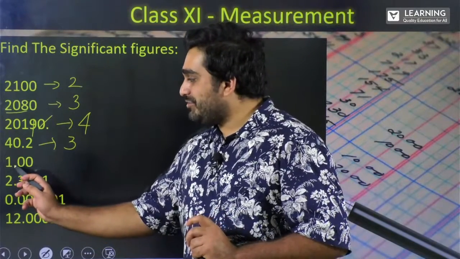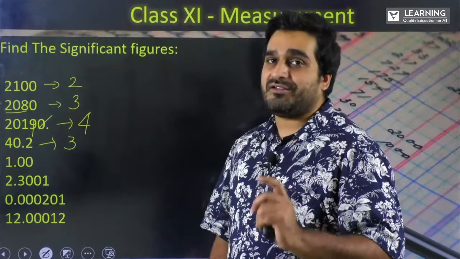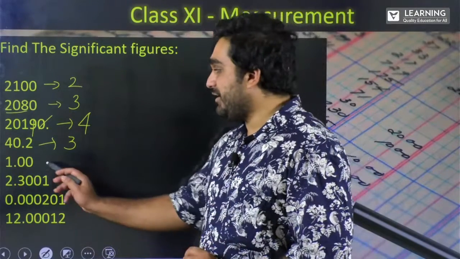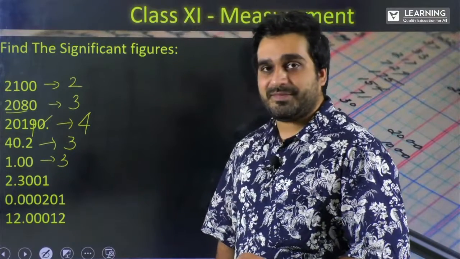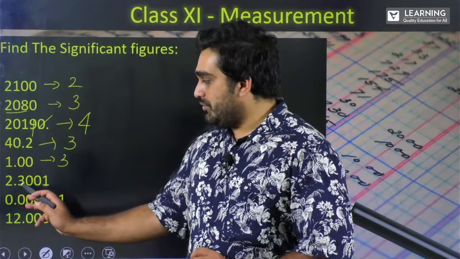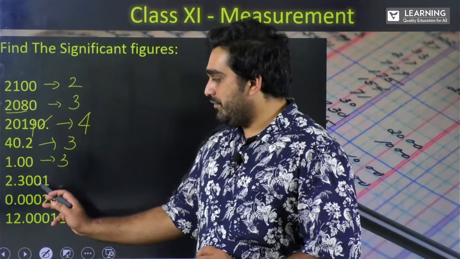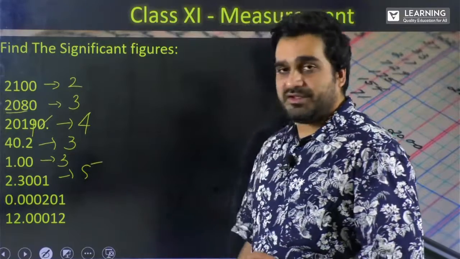These trailing zeros are after a decimal. After a decimal, trailing zeros are significant. Therefore, this is 3. How about this? 1, 2, 3, 4, 5. So total of 5 significant.